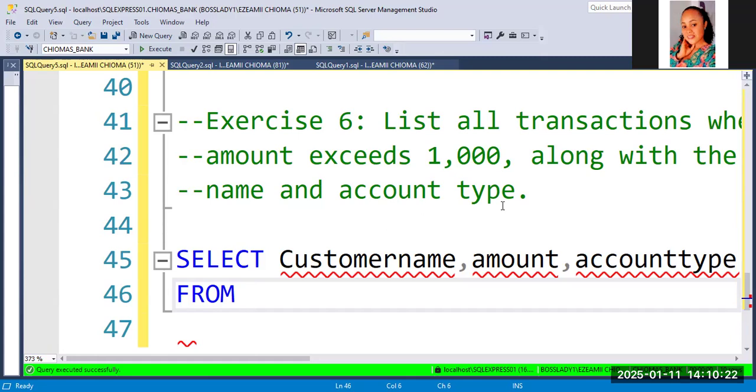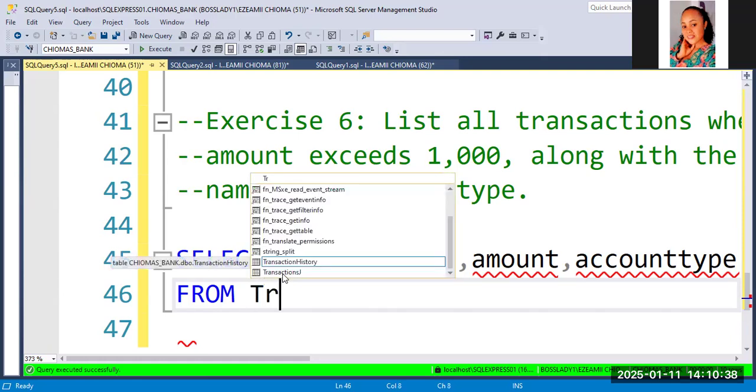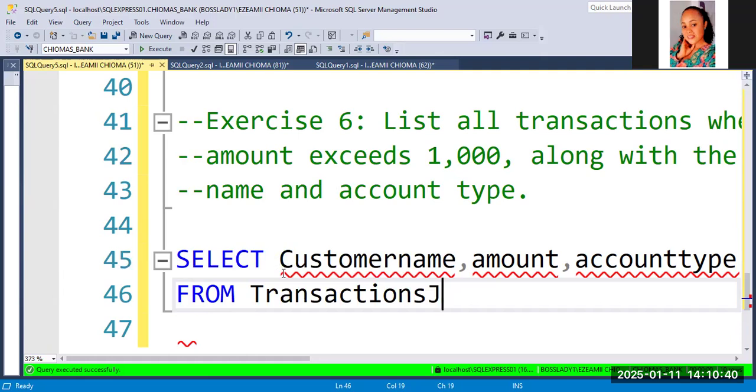Let me look at this again. To list all transactions, we use left join, sorry, from transaction table. This will give us all the transactions that happened.